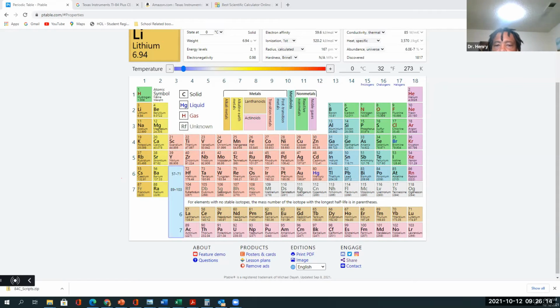Okay, so let me break it down. So I already told you that these numbers here represent the principal quantum number or the energy levels. Okay. So this here is going to represent the S sublevel.